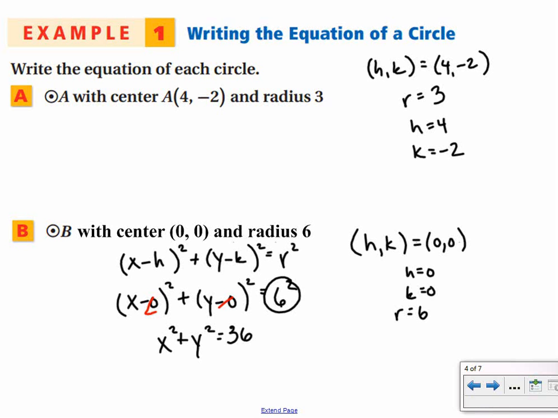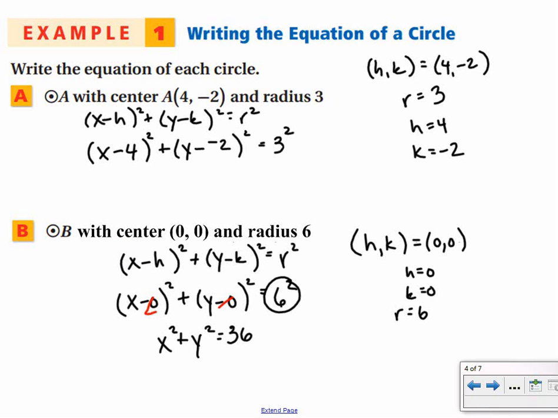So when I plug them into my equation, (x minus h) squared plus (y minus k) squared equals r squared, I have x minus 4, y minus negative 2, and r is 3. So now I'm just going to clean this up. This minus a minus will now change to a plus. So (x minus 4) squared plus (y plus 2) squared equals, and 3 squared is 9.